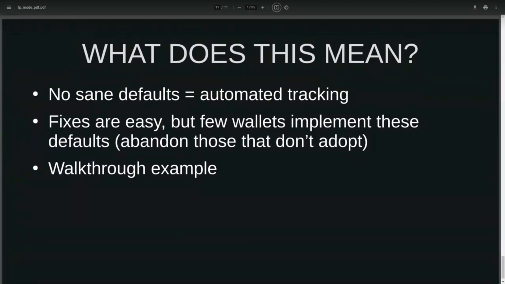Without sane defaults that are applied at the wallet level, automated tracking may be coming down the pipeline. This goes beyond just clustering by the common input ownership heuristic. Chain analysis firms may be planning to experiment with implementing some of these machine learning algorithm results into their automated tracking. The second paper that I presented above actually discusses some of the fixes that wallets can implement.